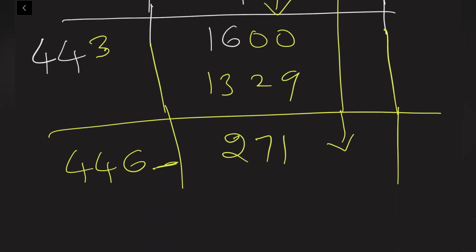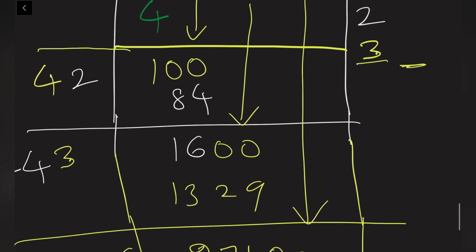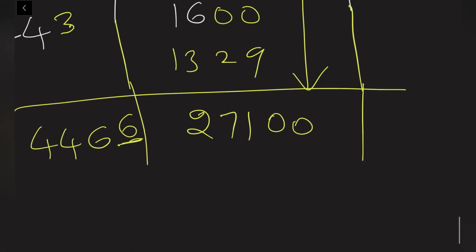So here we got 27,100. So I'm going with 6. 4466 6 is nothing but 26,796.